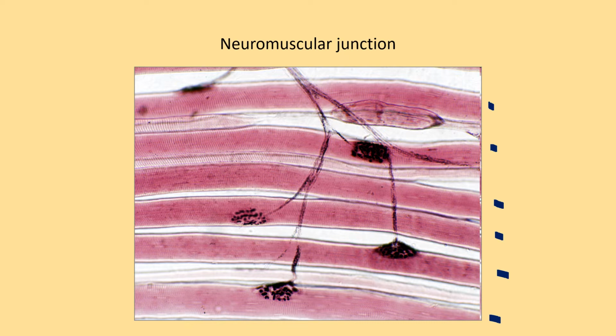Skeletal muscle cells are really long, so we couldn't fit them in our entire field of view when looking through the microscope. So we see a bunch of skeletal muscle cells here, and then this sort of spider web looking material. These are axon collaterals and axon terminals. So these are branches of a motor neuron, and right here, this is where the communication takes place. So this motor neuron communicates with this particular muscle cell at this neuromuscular junction.